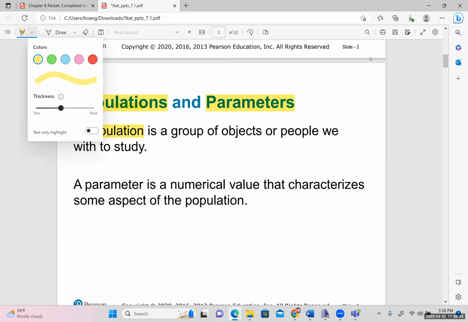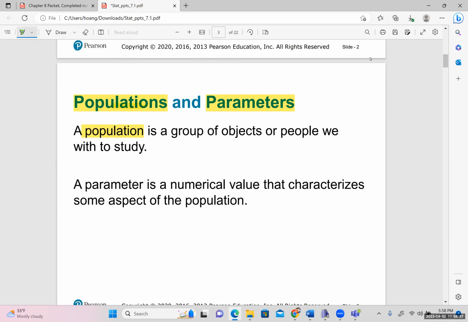A population is a group of objects or people that we study, right? So let's say if I study the age of married students, then the population right now is all the students at Merit.